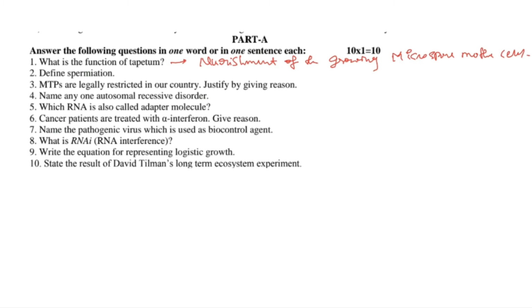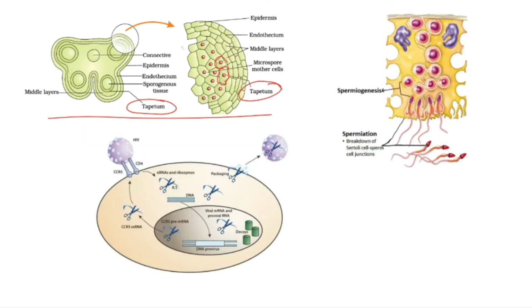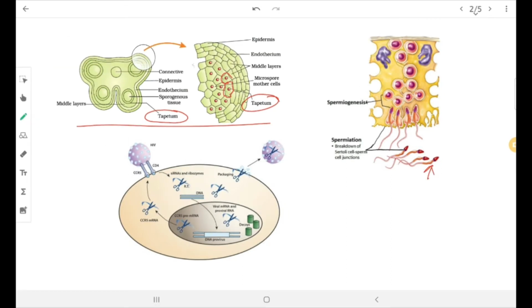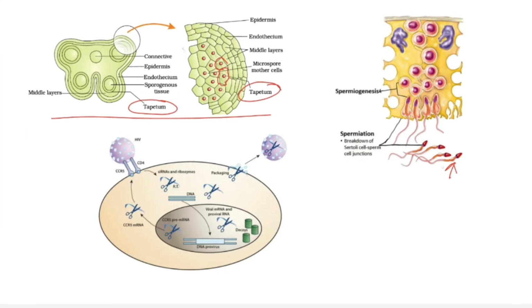Okay, let's move to the next part, that is: define spermiation. Let's know where the process is going to happen. Spermiation is the process by which the mature spermatids, you can see the spermatids over here, come from the Sertoli cells into the seminiferous tubules.